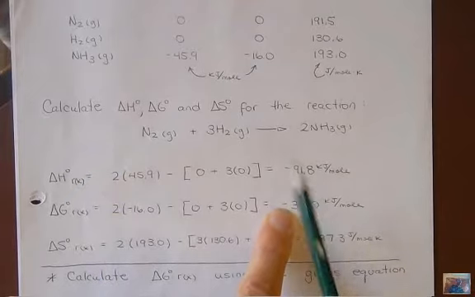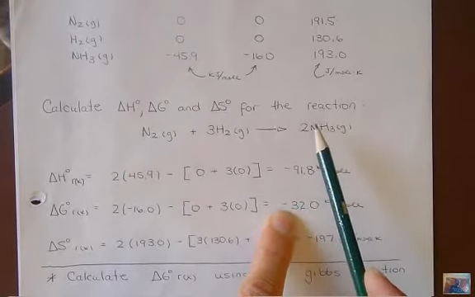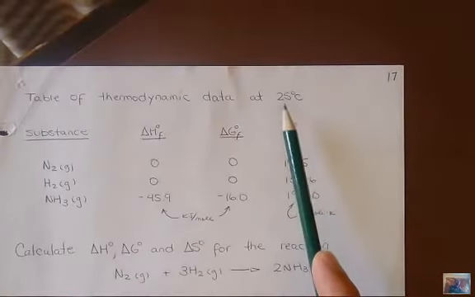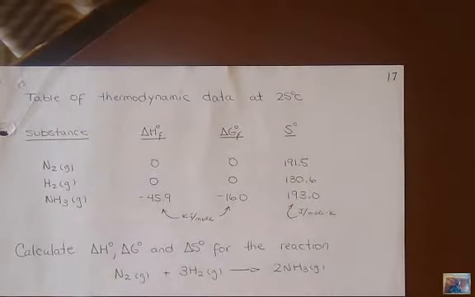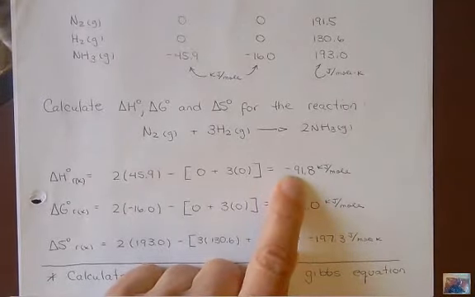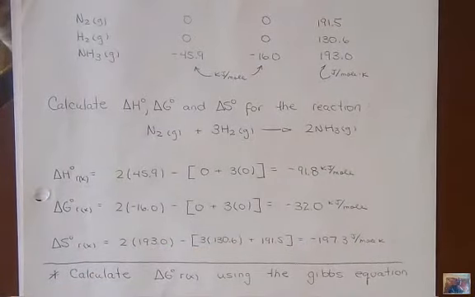That reaction would go to the right as written. How do I know that? Because delta G is negative. This is a spontaneous reaction as written under those conditions at 298 because these tables are at 298. Second thing, this reaction is also exothermic. It's going to give off heat, so I'd expect it to liberate some heat as I go on.